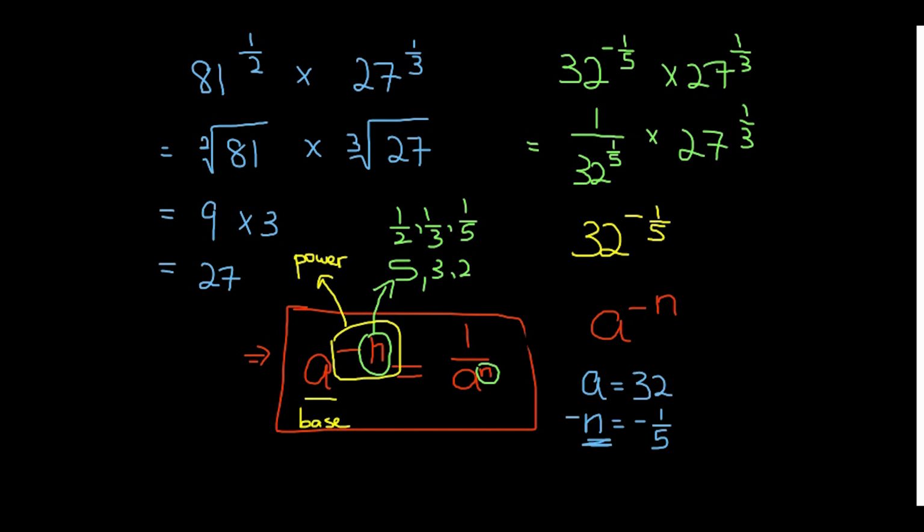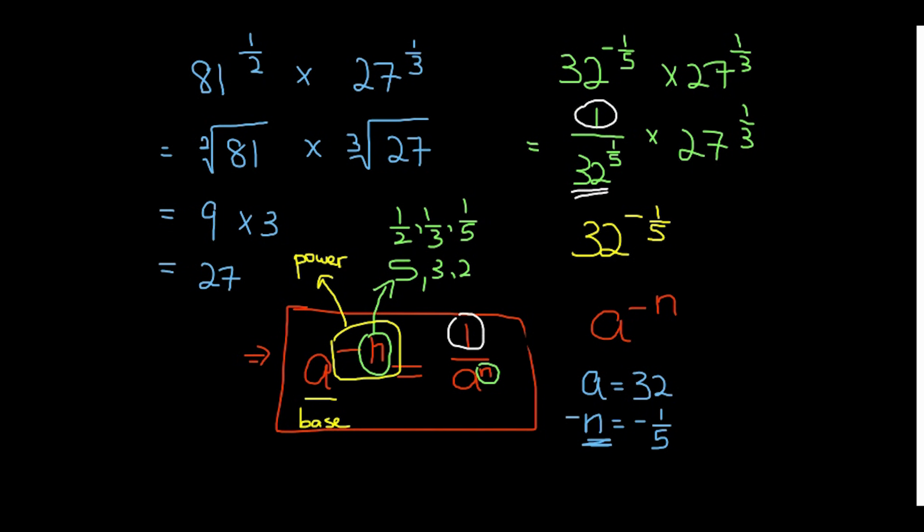So is it making a little bit more sense now what I'm talking about when I say, okay, a to the minus n is this 32 to the minus 1/5. So now if I want to rewrite it so I no longer have a negative power, I'm going to rewrite it as, look at it, 1 over A. We said A is 32.